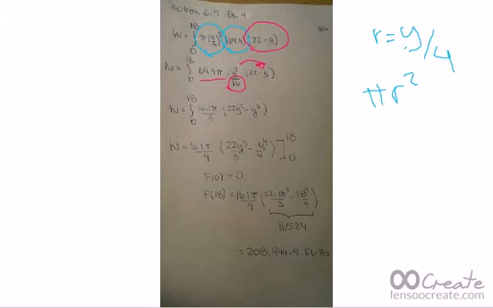On the next step, I just resolved. I took a fourth of here, and that's why it was 16.1 pi divided by 4. Then I took this out because it's a constant, and then I took the antiderivative of the polynomial that I had. So I resolved that over here.